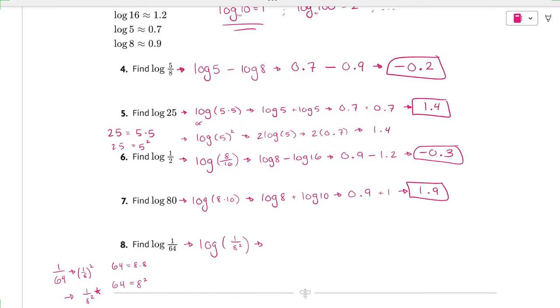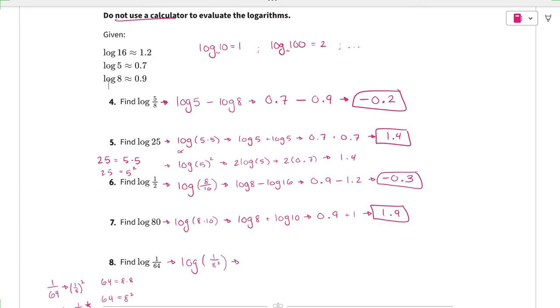Now I'm kind of ignoring the fact that we haven't talked about log of 1, so let's add that to our list. I do know what log of 1 is. 10 to what power gives us 1? Well, that would be the 0 power. So log of 1 is 0. So this becomes log of 1 minus log of 8 squared. So that becomes log of 1 minus 2 log of 8.